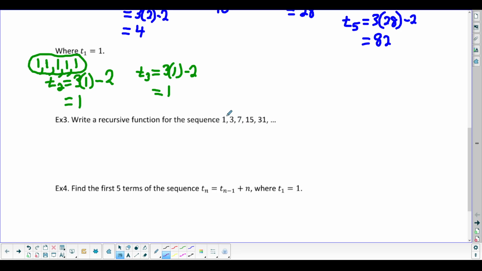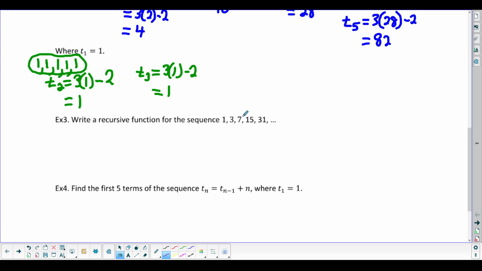So the first thing I would want to do is see if it's arithmetic or geometric, because then it's just the previous term plus something. Right, that would be arithmetic, or the previous term times something. That would be geometric. So it's plus 2, plus 4, plus 8. Yeah, that's not working.